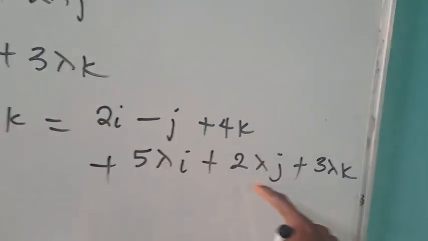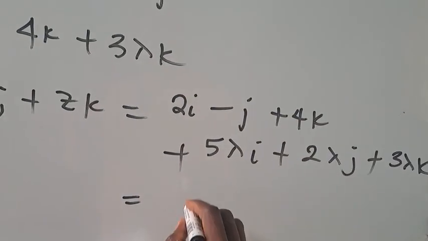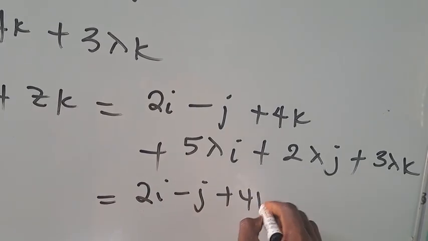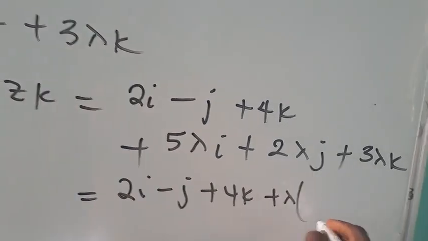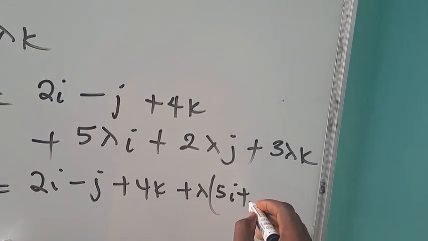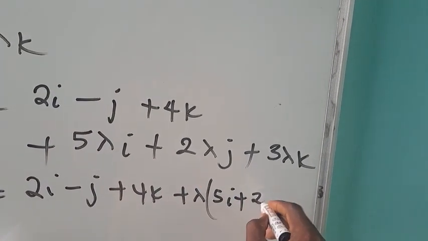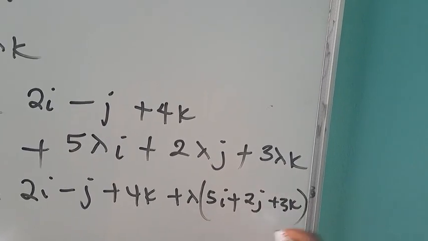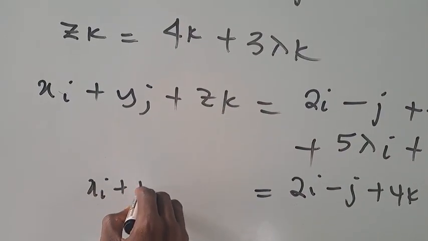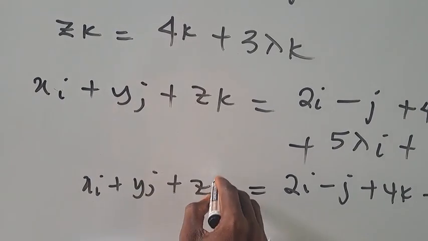Just add them all together. So lambda is in all of this, so just bring out the lambda. It will be 2i minus j plus 4k plus lambda times 5i plus 2j plus 3k. So this is xi plus yj plus zk.